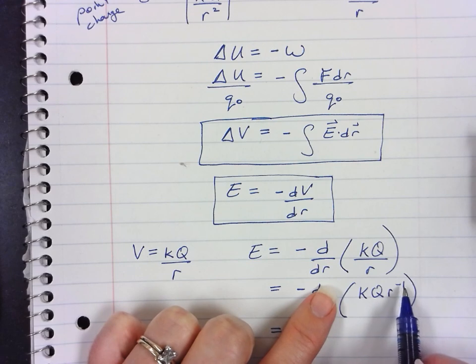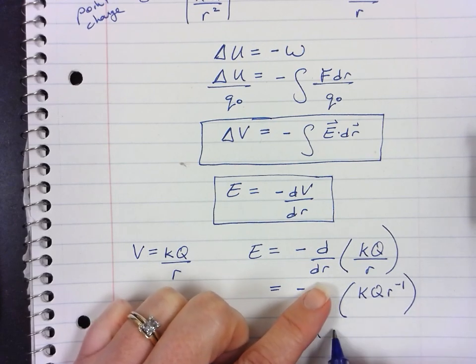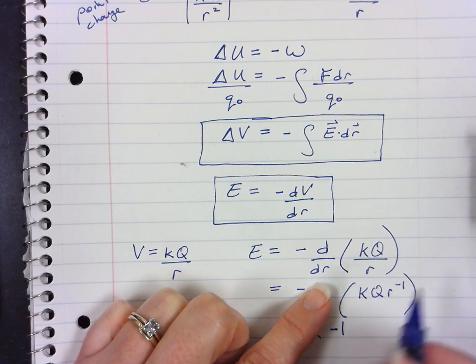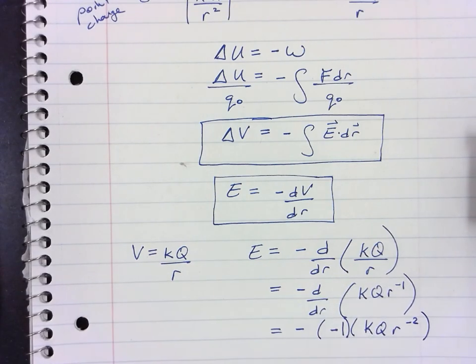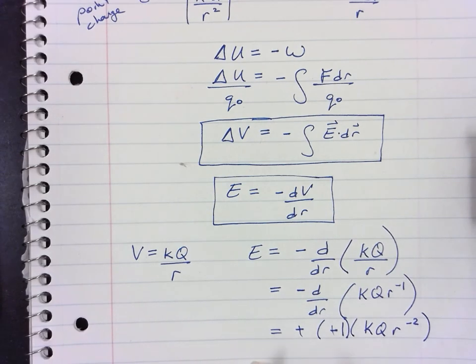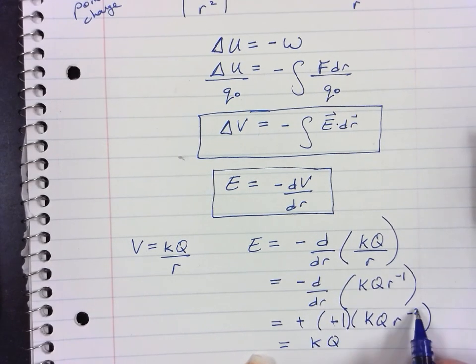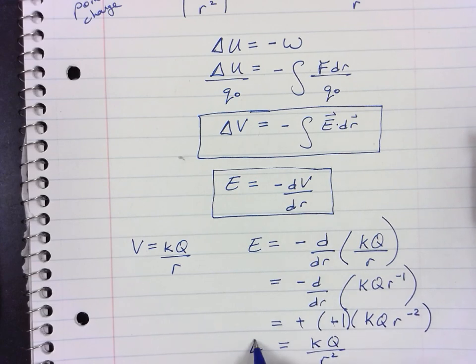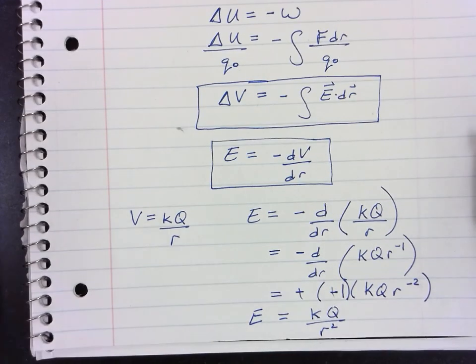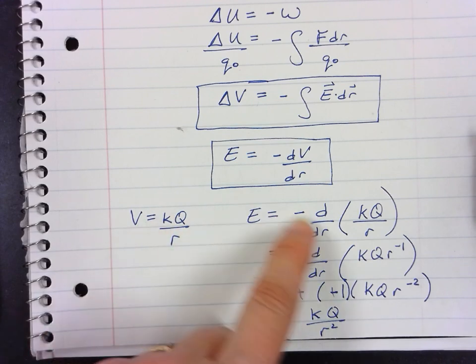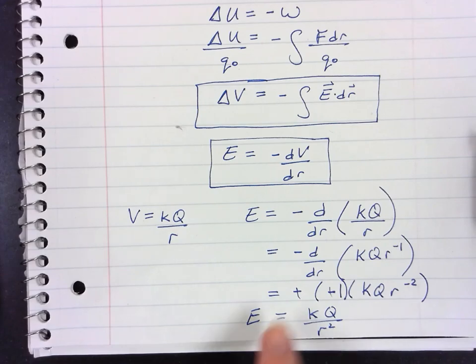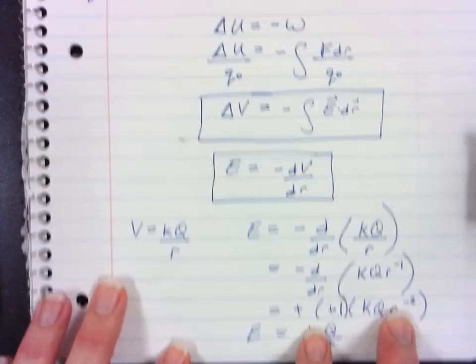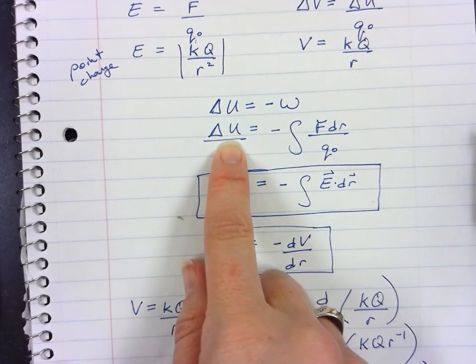Remember, for derivatives, you bring down in the front the exponent, so negative 1 times KQ, and then drop the power by 1, so R to the negative 2. Well, these two negatives cancel, and if I move R to the negative 2 back to the bottom, oh look, E equals KQ over R squared. Well, of course it does. We already knew this, but this is a nice, simple connection showing that this is true. And we could start from this one and get back to this one. Of course, that's how we got potential energy in the first place.